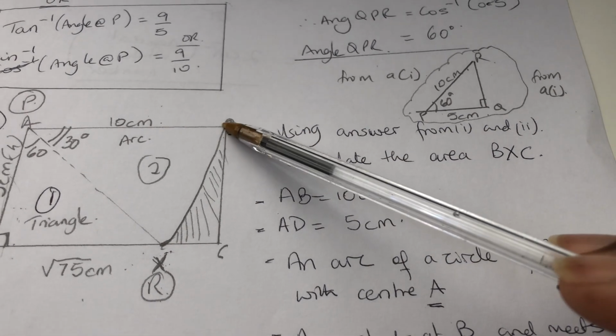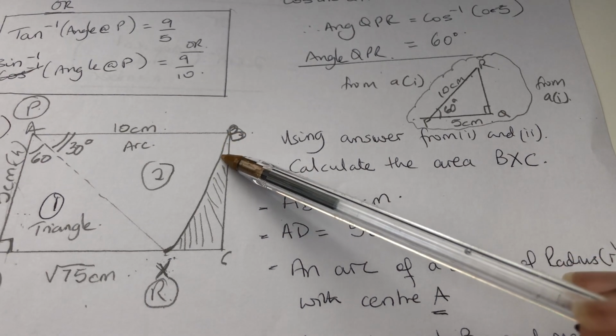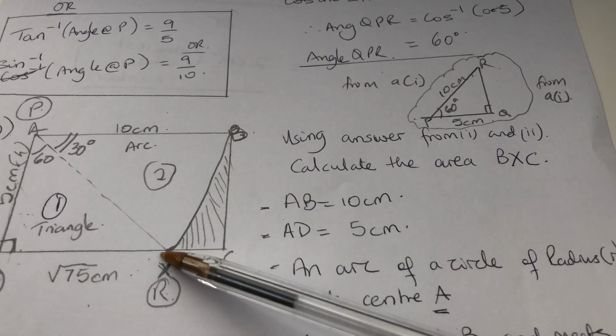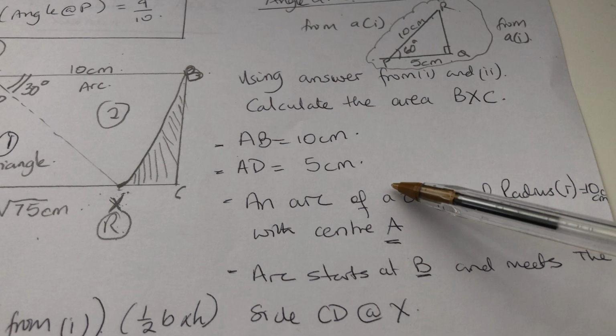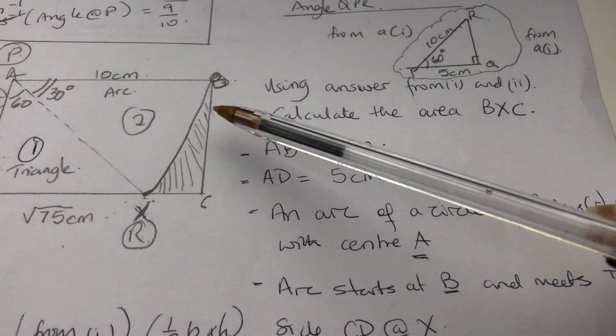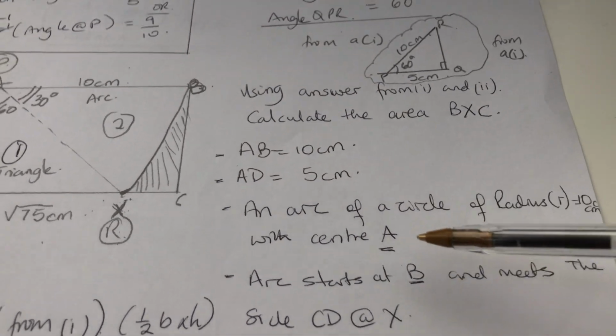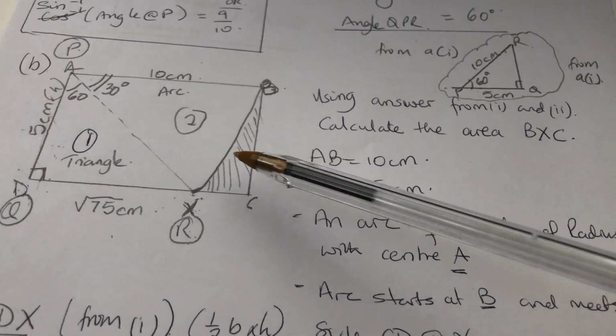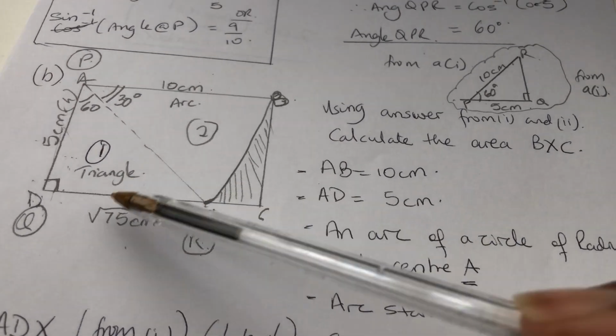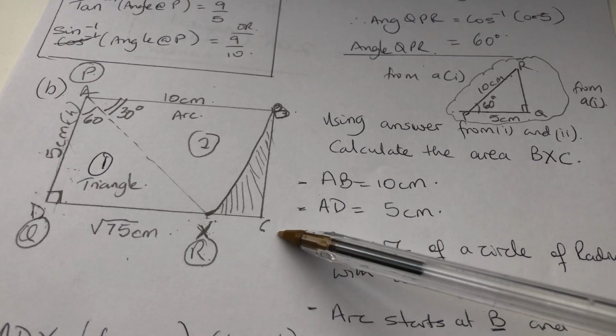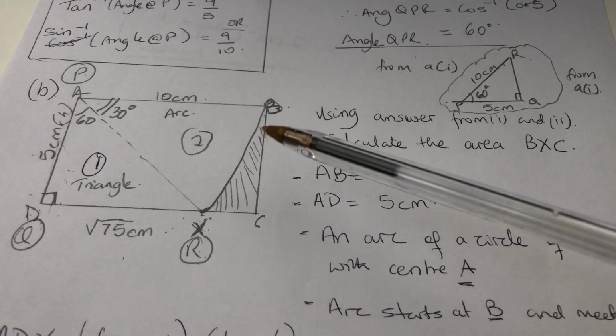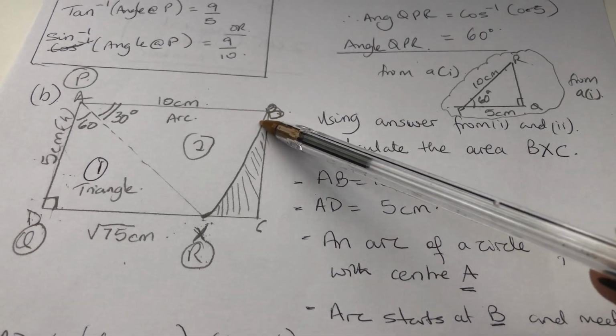So they've drawn an arc there. The arc starts at B and meets at the side CD. So this is the rectangle. They've drawn an arc here.